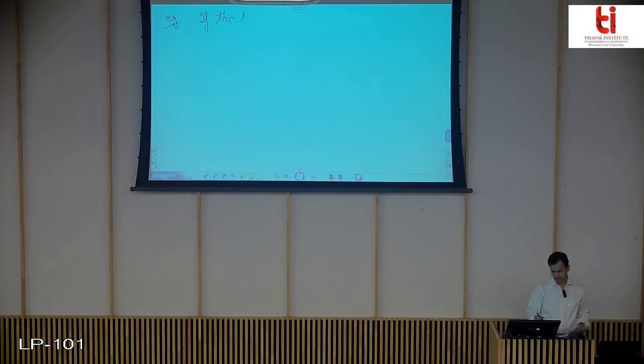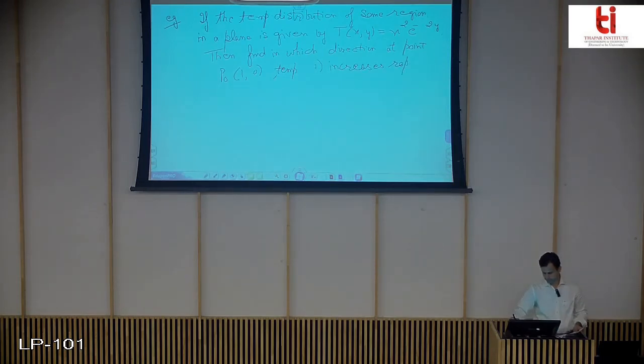If the temperature distribution of some region in a plane is given by T(x, y) equals x square e raised to power minus 2y, then find in which direction at point P0 temperature increases rapidly, and secondly it decreases rapidly.